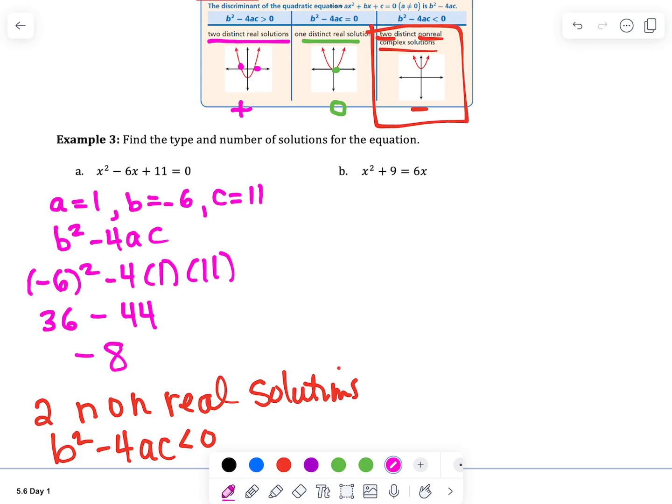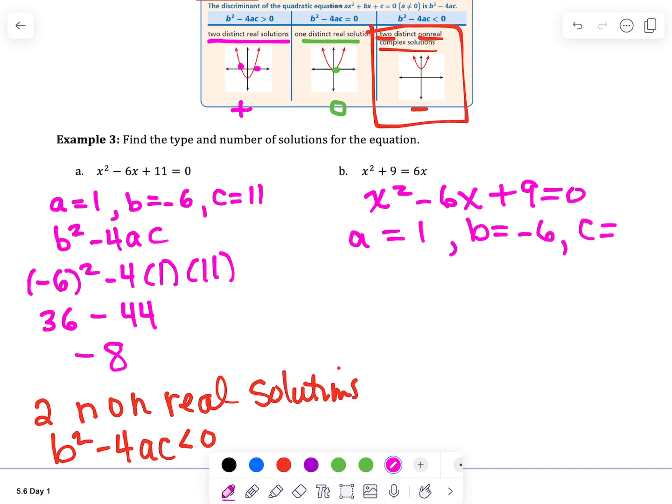All right, the next equation is not in standard form yet, so we have to move that x squared to the left side. So we subtract 6x from both sides. Now we have it in standard form. So we identify the a value, which is 1, the b, which is -6, and the c, which is +9.